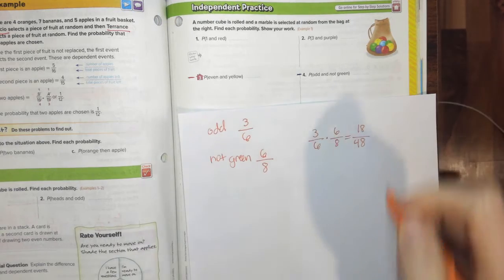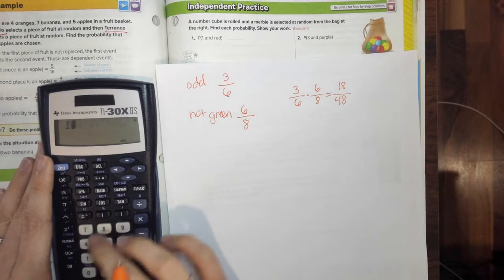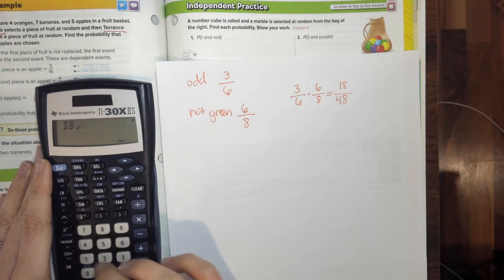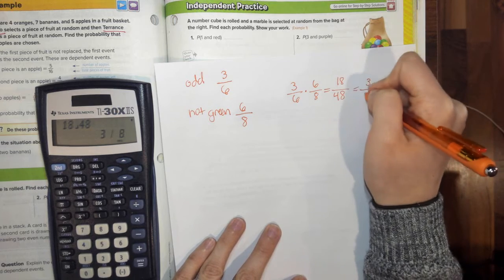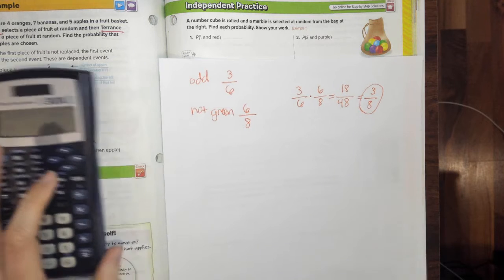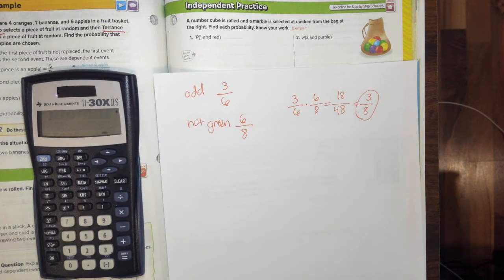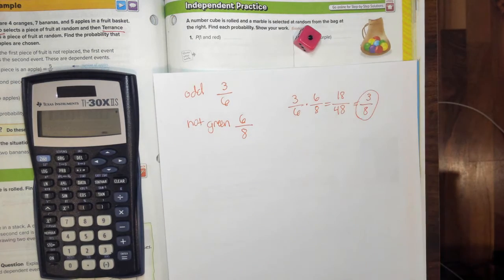And again, if you want to leave it that way because you're struggling with simplifying, that's okay. But if you have time to simplify it, you know what you're doing with that, go ahead and simplify to your 3/8. Okay? That one, think about whether that was dependent or independent. Go ahead and answer that. Hopefully you said that one was independent, because whatever happens with the dice has no effect on what marble we choose.